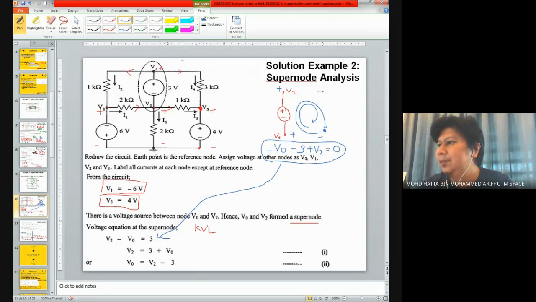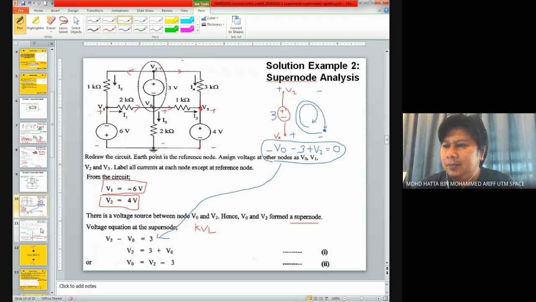It's a reference. And we try to get a voltage around the loop. If you start from here, you will get negative VO minus 3 volts, this is 3 volts, plus V2 equals 0. And that's how we get this first and second equation.